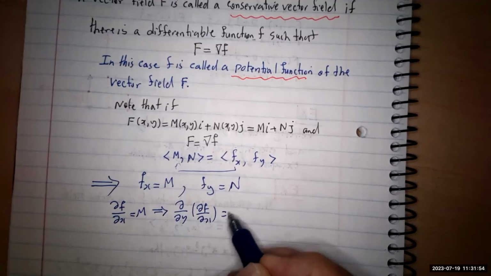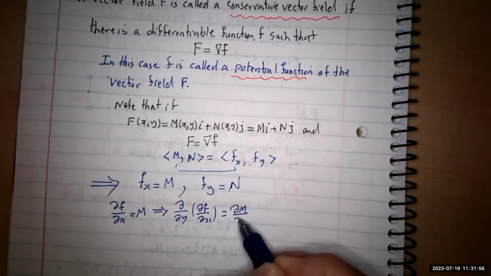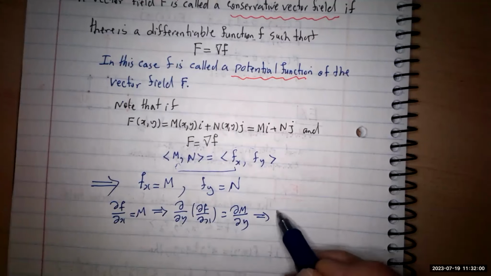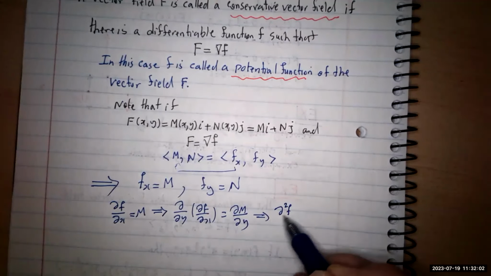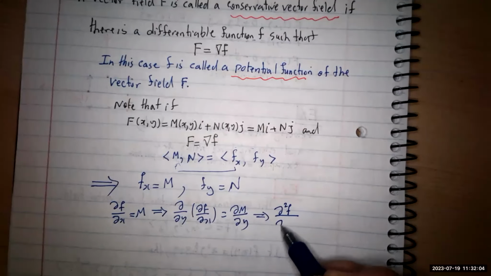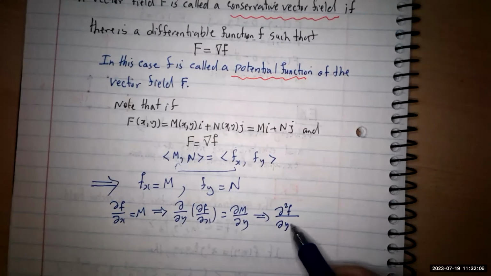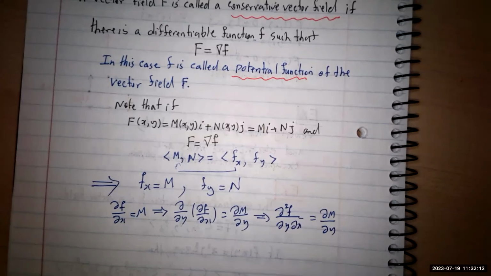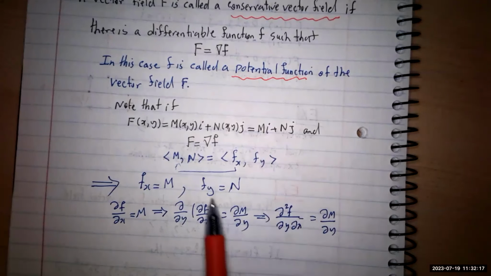So this simply would be ∂m/∂y. You know that this gives you the second derivative, ∂²f/∂y∂x. And now this happens to be ∂m/∂y. Okay, so open up this one.